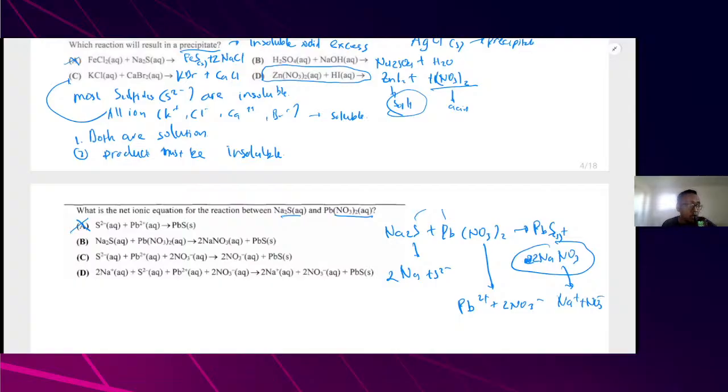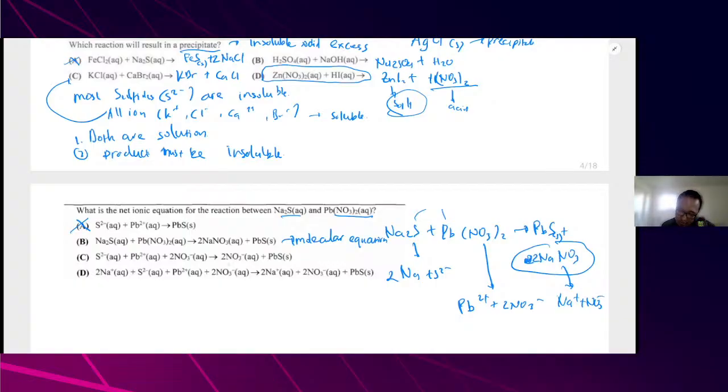Choice B is the molecular equation. Choice C cancels only one spectator ion, Na plus, but not the nitrate ion.